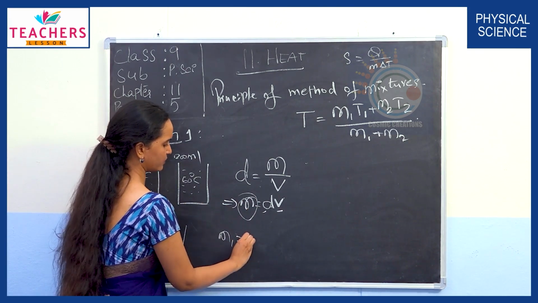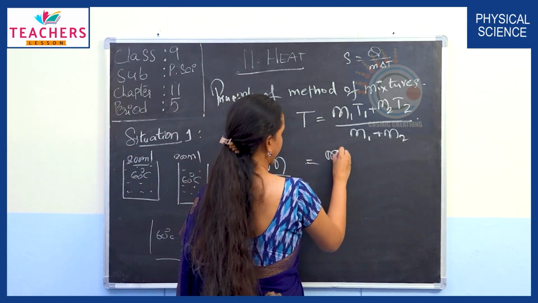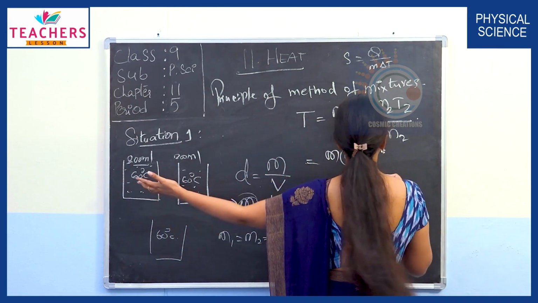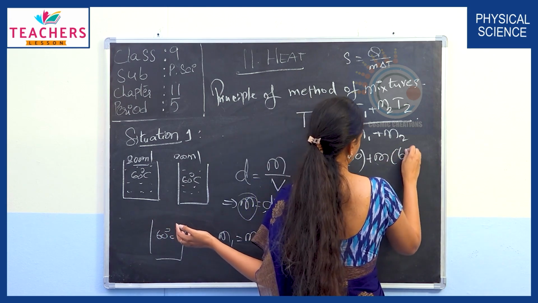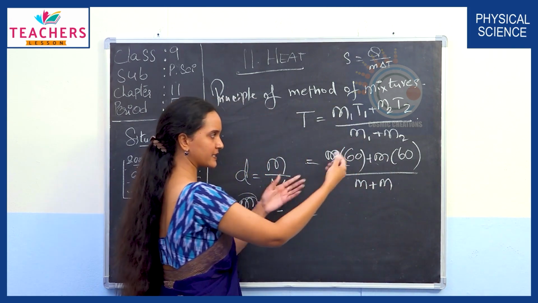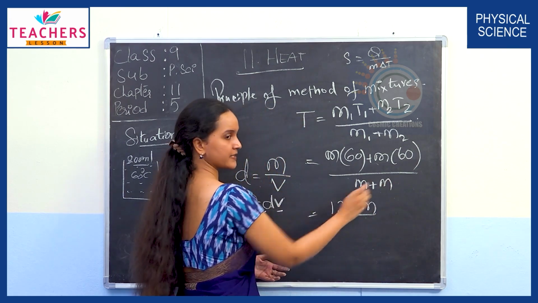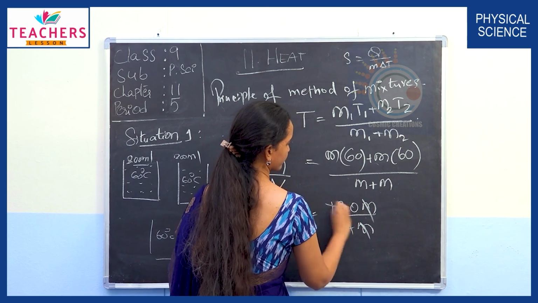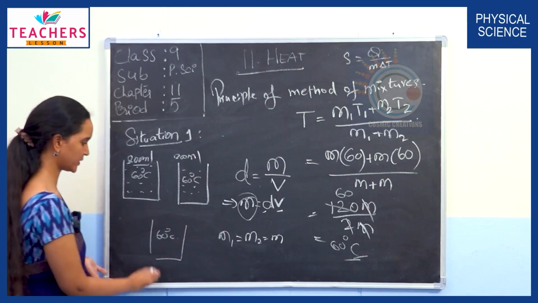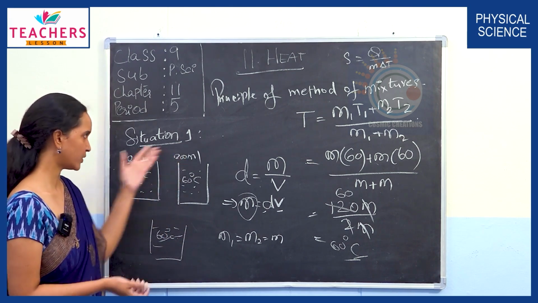So I'll say M1 equals M2 equals M. What is the temperature? 60 degrees for both. So M into 60 plus M into 60, divided by M plus M. 60 M plus 60 M is 120 M, by 2 M. 60 degrees Celsius would be the temperature of the resultant mixture. So we don't really need the formula to solve this.